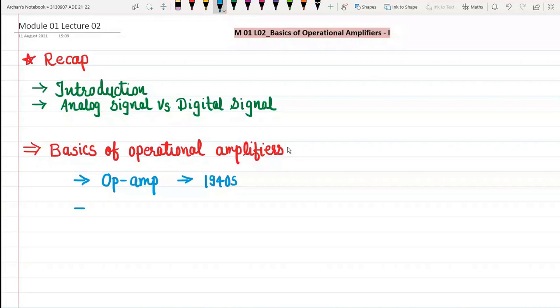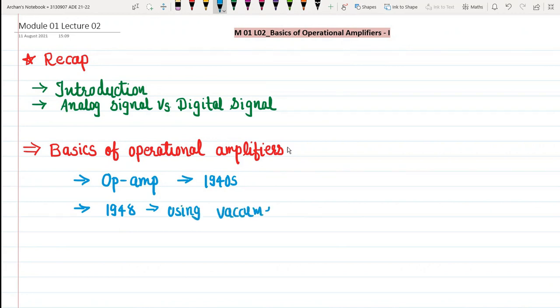Talking about the exact time period, in 1948, the first operational amplifier was designed, and that was using vacuum tubes.